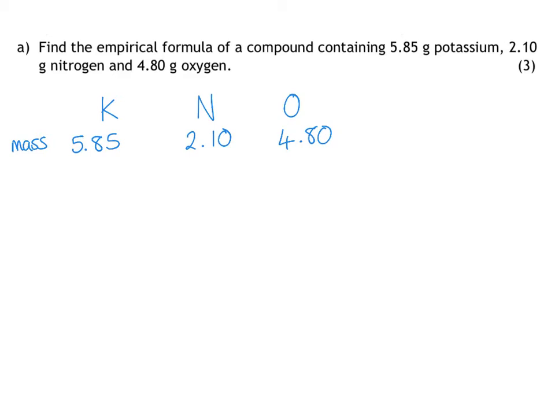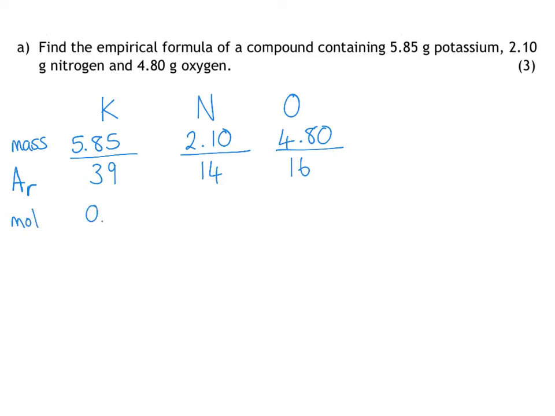So I'll go on the periodic table, I'm going to find relative atomic mass, you might call it RAM, and I'm going to find out that potassium is 39, nitrogen is 14, oxygen is 16, and then I'm going to divide those masses in grams by those relative atomic masses, and I'm going to get my moles out of that.